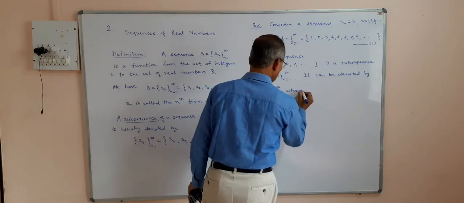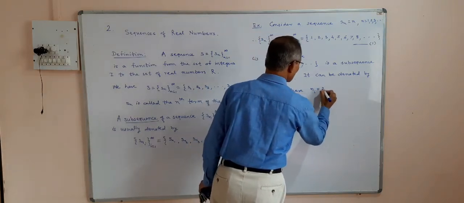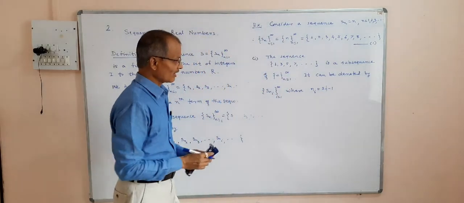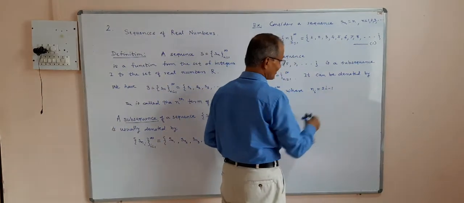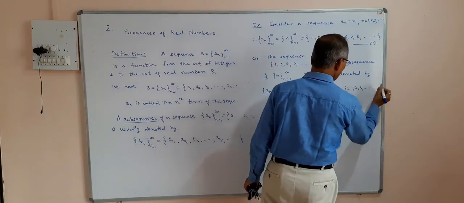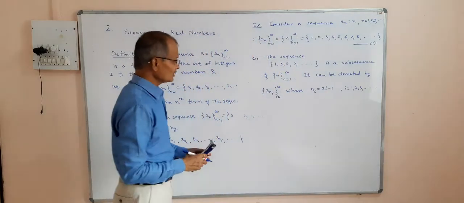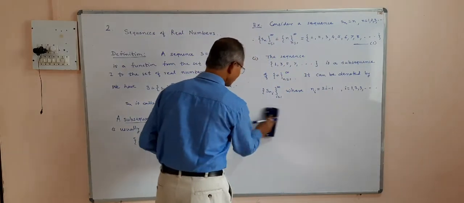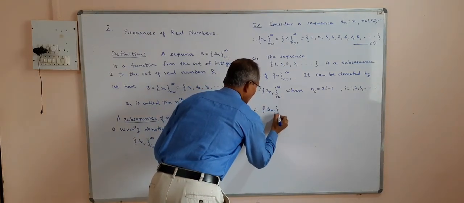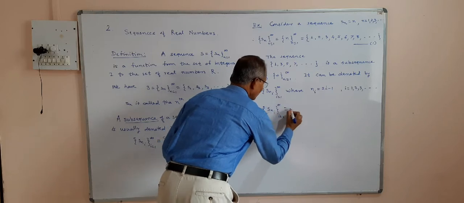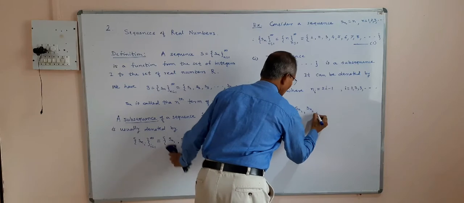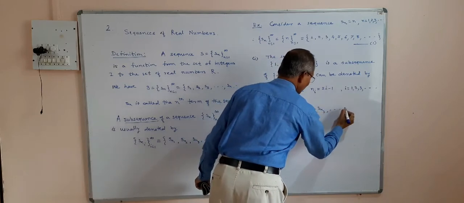Where ni is equal to 2i minus 1, because these are odd integers, and odd integers are given by 2i minus 1, where i takes values 1, 2, 3, etc. Now what is the Sni sequence? Sni, i takes values 1 to infinity, will be equal to Sn1, Sn2, Sn3, and so on.